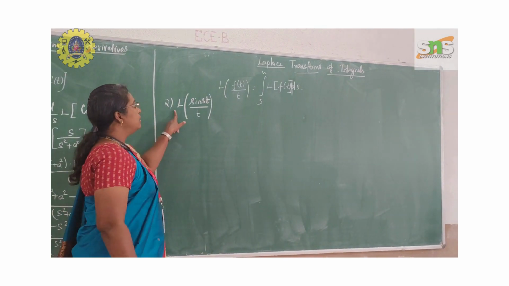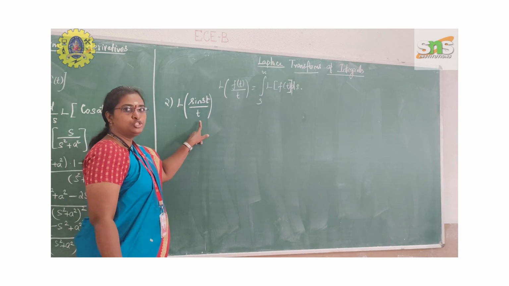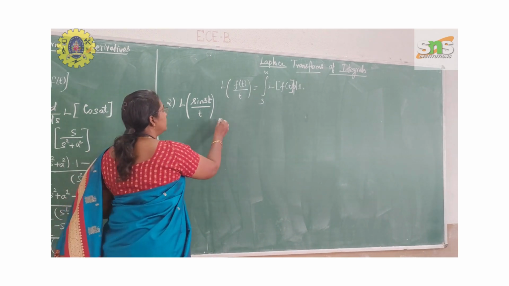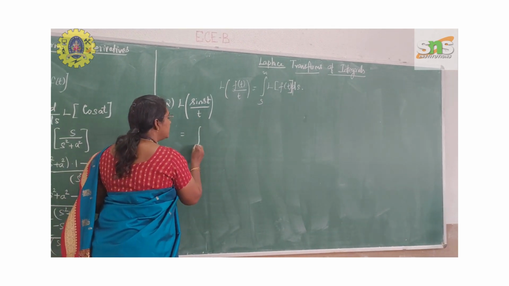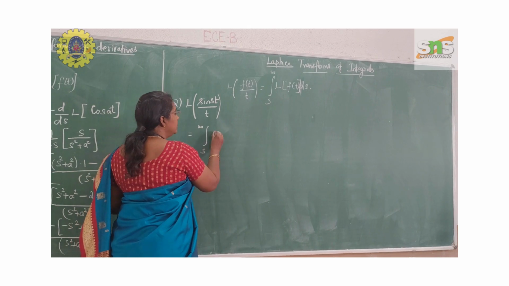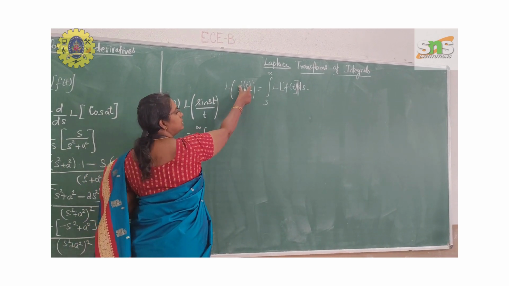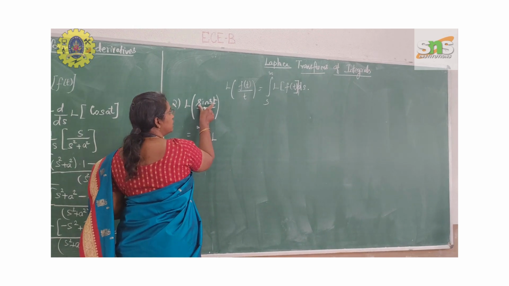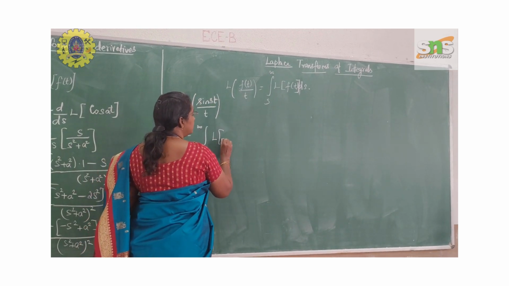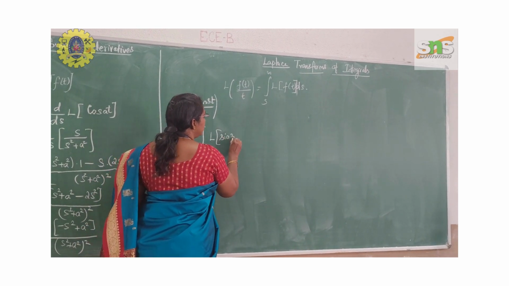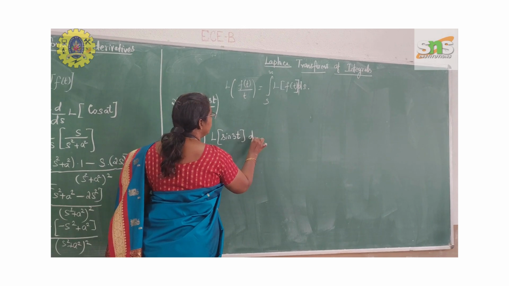Based on this, I choose L of sin 3t divided by t. The corresponding value is the integral from s to infinity of L of f of t, where f of t is sin 3t, into ds.